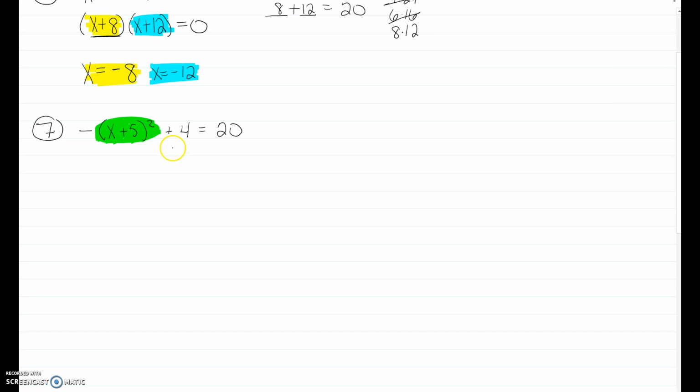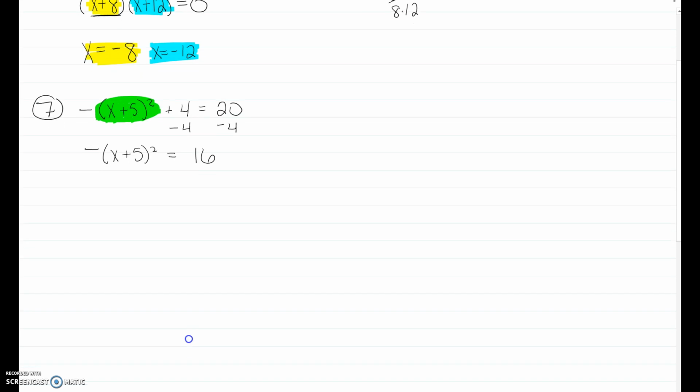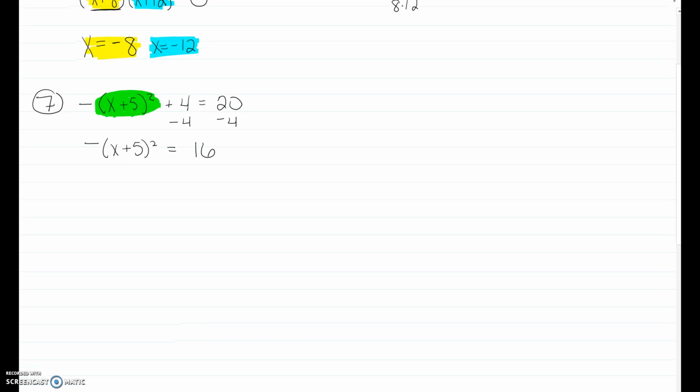The first thing that we should do is subtract 4 on both sides. How could I get rid of that negative in front of the parentheses? Divide both sides by negative 1.